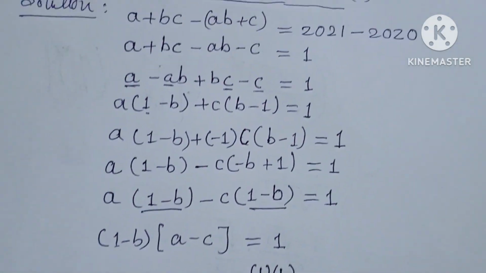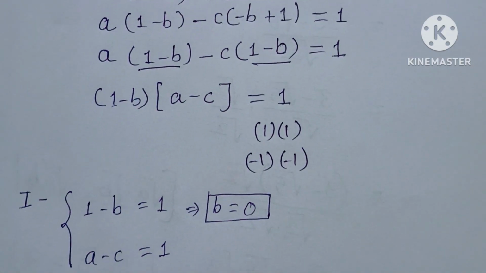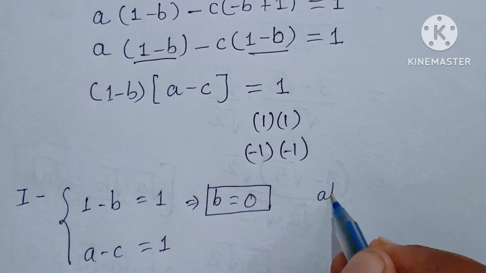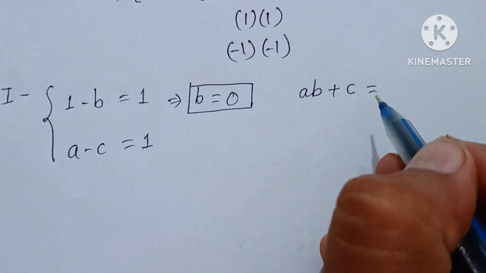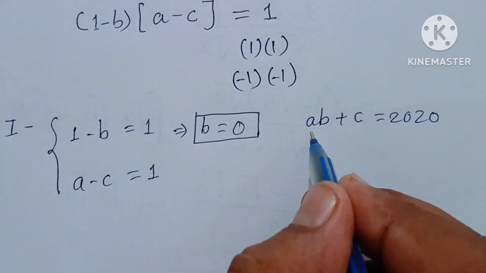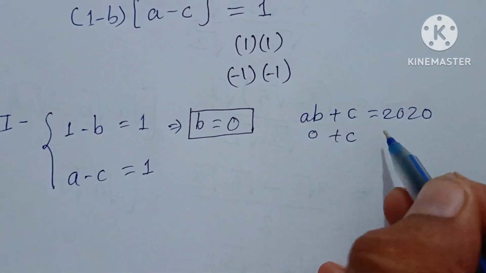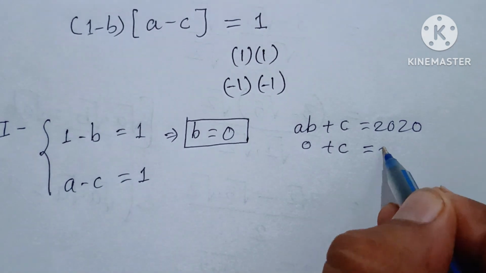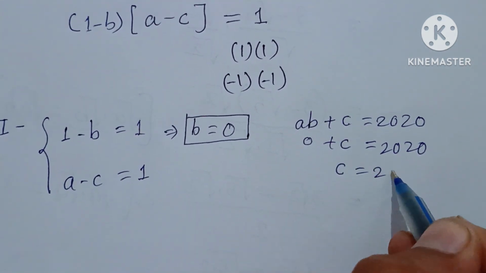So we will come to this point, that is AB plus C equal to 2020. So if we put here B is equal to 0, plus C equal to 2020. So we get the value of C is equal to 2020.